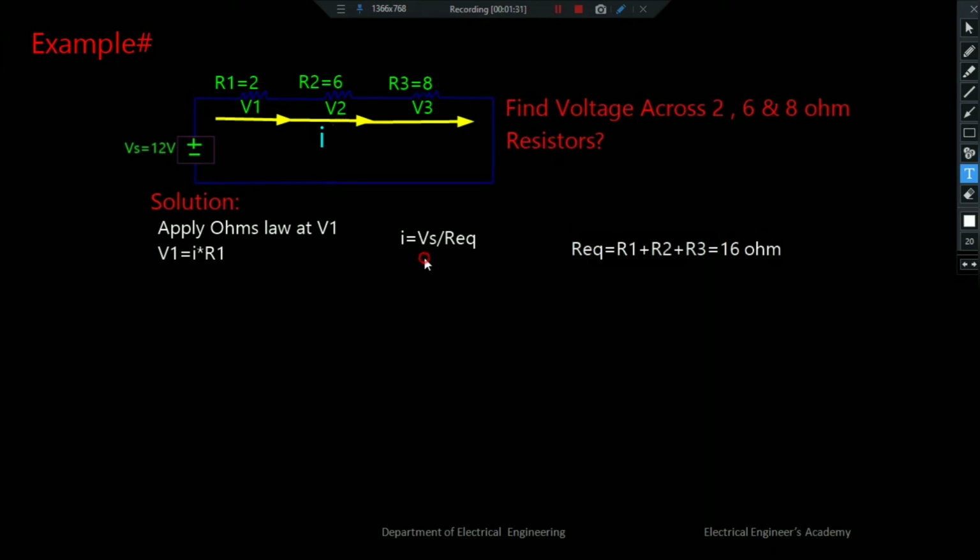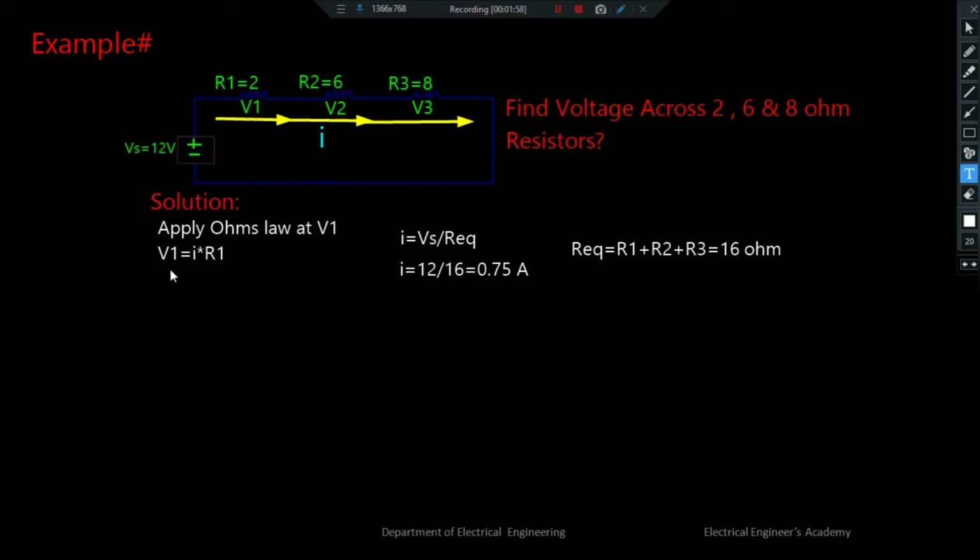Put this value in this equation of I, so that I becomes 0.75 ampere.